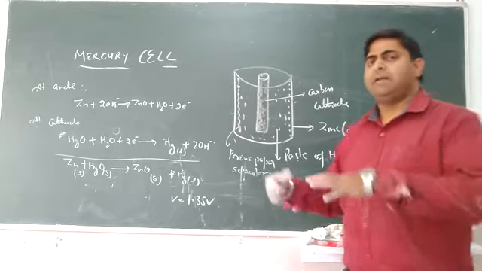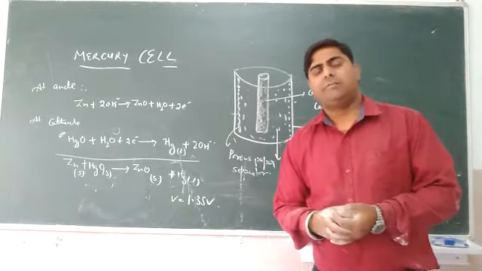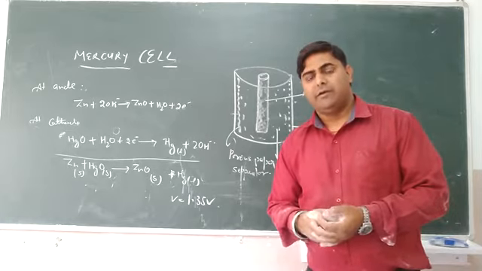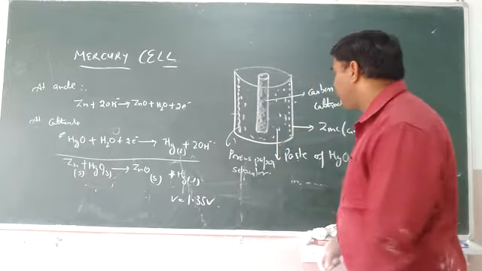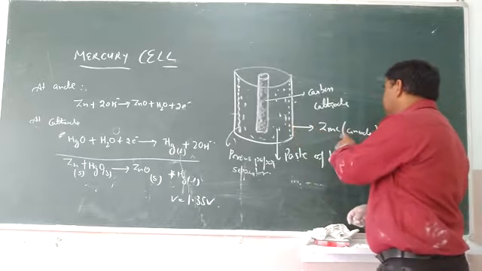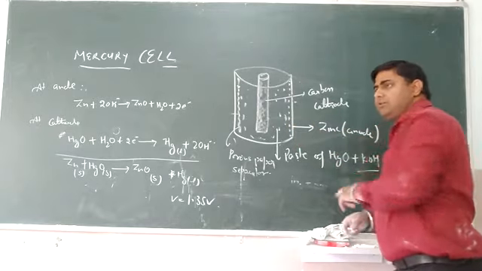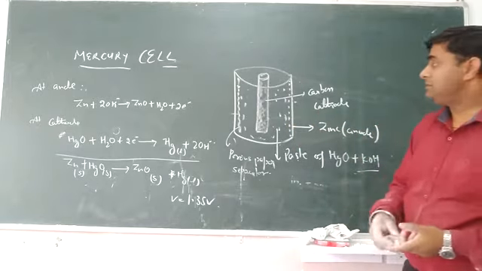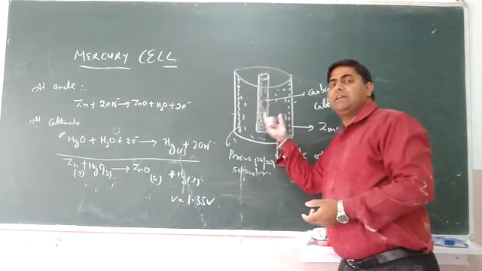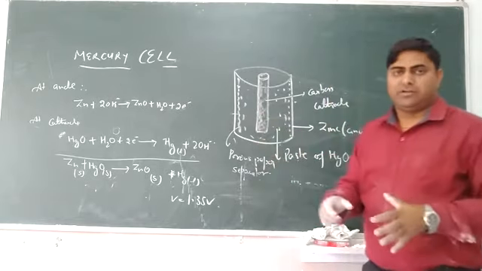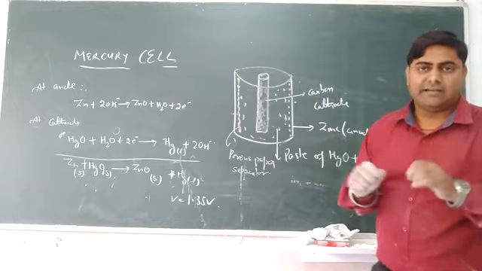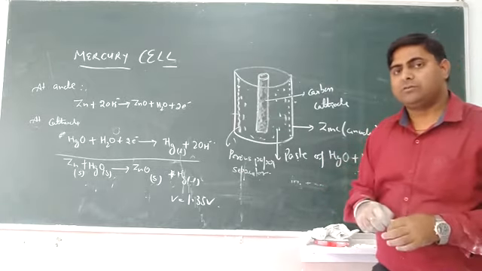Of course, after some time, the mercury cell stops working. Why does it stop working? Because of corrosion of zinc anode. The zinc container in which the reaction takes place gets corroded. Hence, the cell gets leaked and cell stops working.